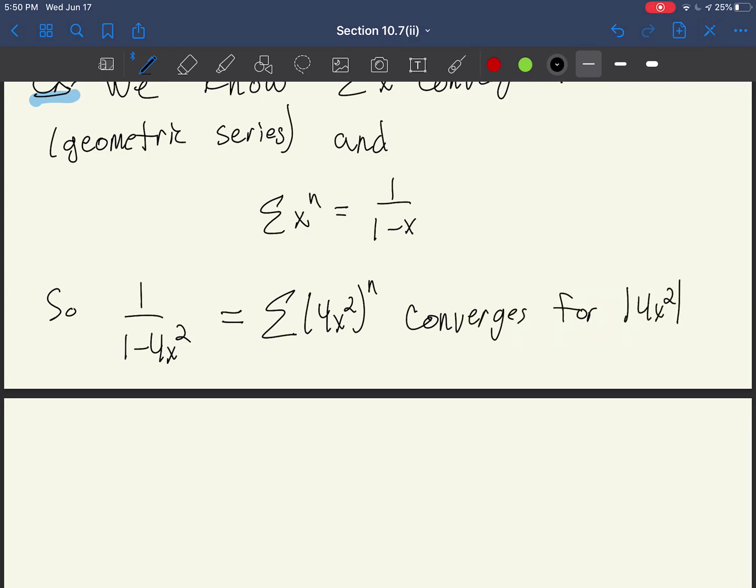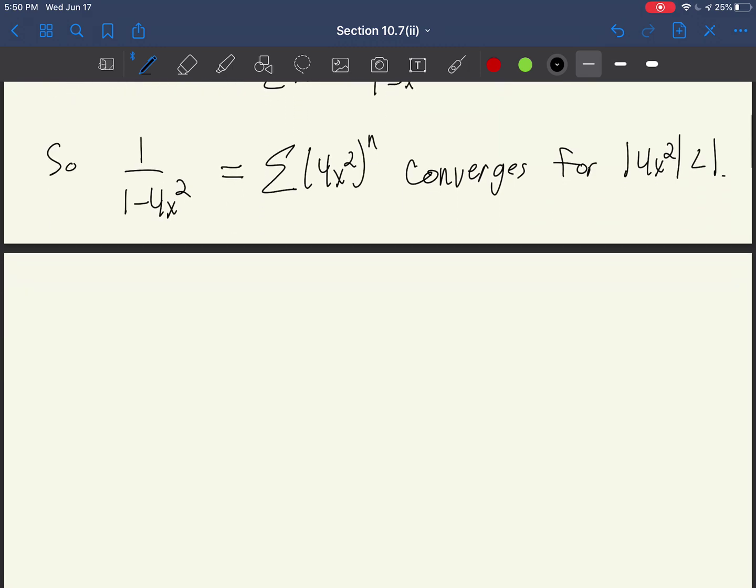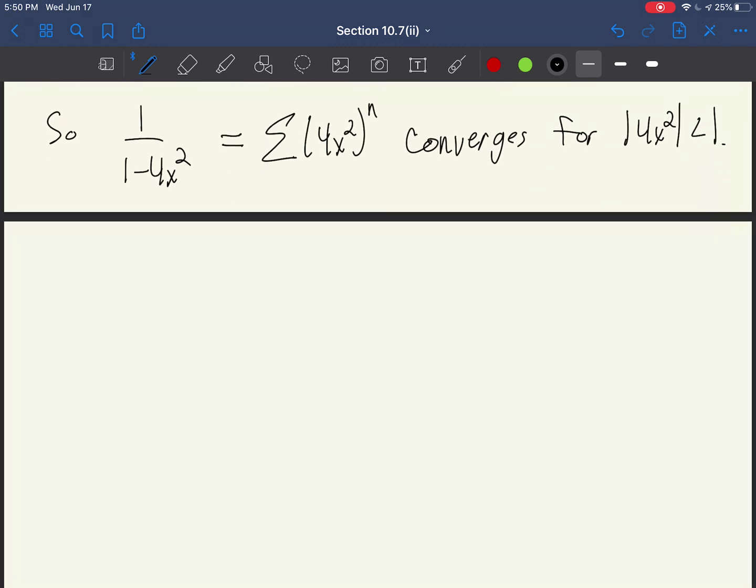And this also converges for the absolute value of 4x squared less than 1. Cool, so we can replace x with any continuous function.